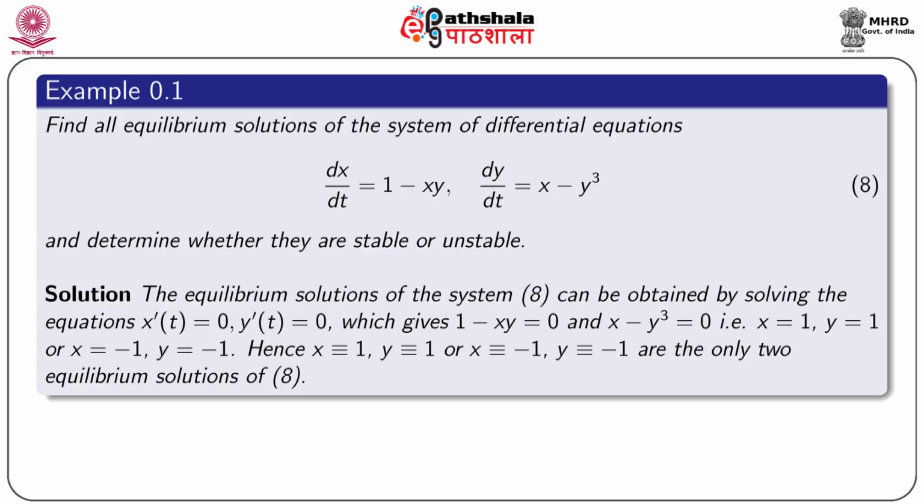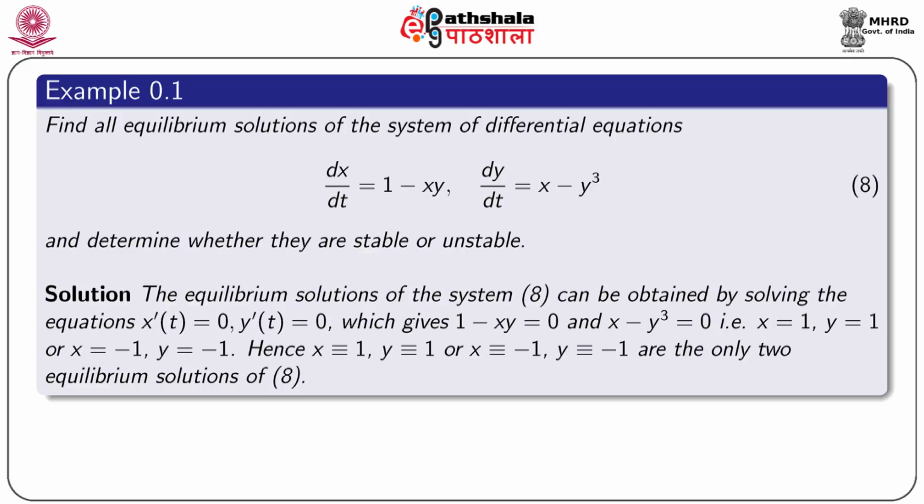We now look into an example where we have to find all equilibrium solutions of the system of differential equations dx/dt equal to 1 minus xy and dy/dt equal to x minus y cube, given by equation 8, and we have to see whether this system is stable or unstable.